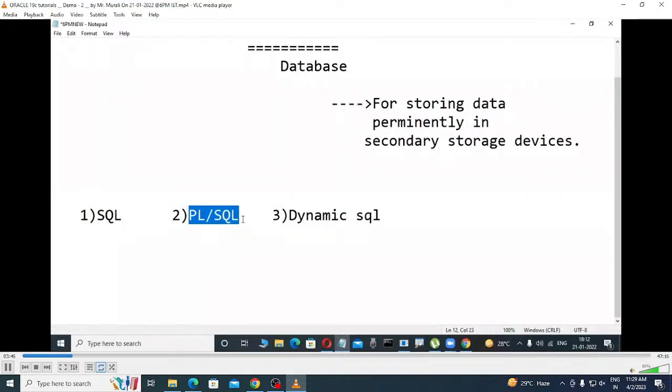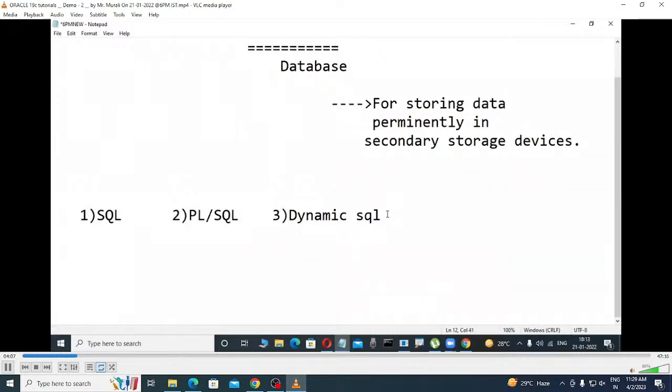Some say it is only procedural language extension for SQL. Why is this language really required? Really, so many jobs are available in PL/SQL also, and it is required for so many applications.